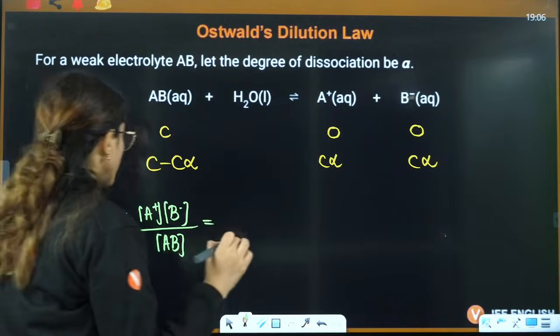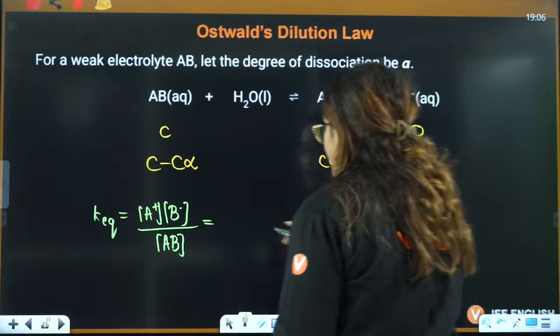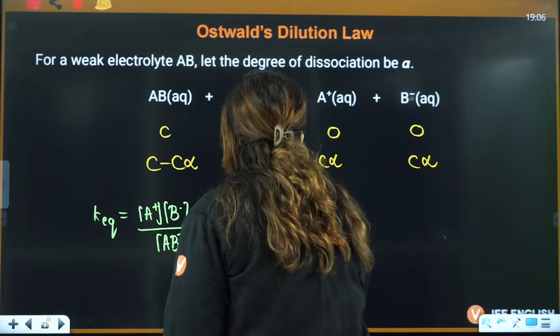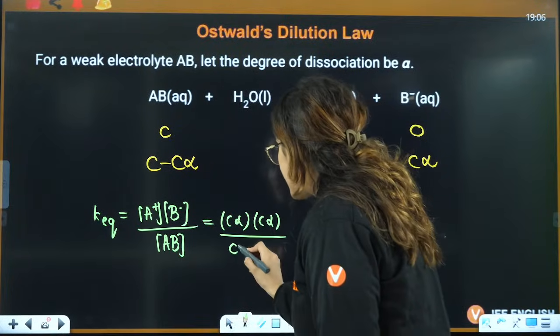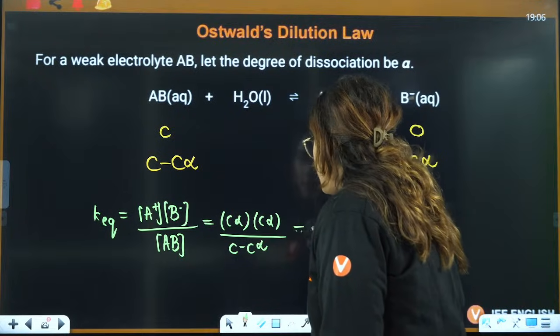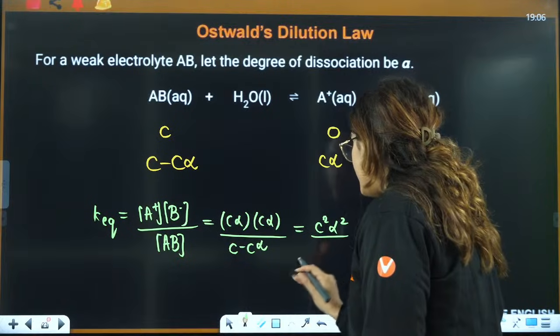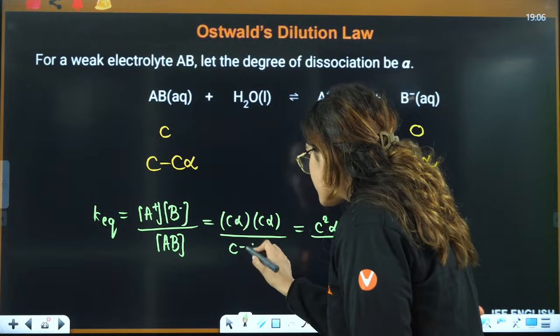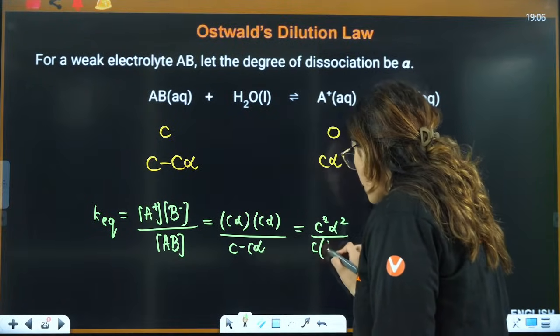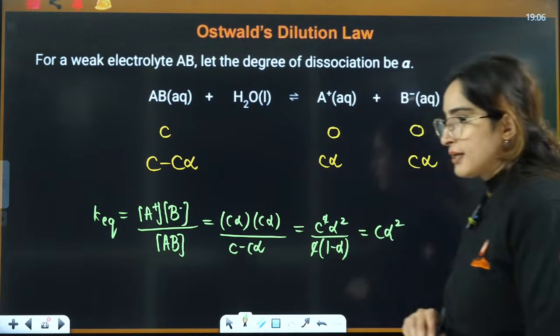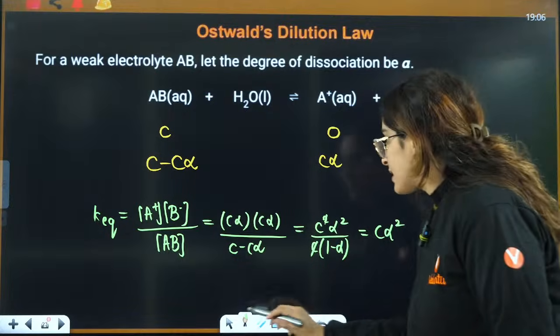That is equal to C alpha times C alpha, divided by C minus C alpha. So this is C square alpha square divided by C times 1 minus alpha. C is common, so it cancels, giving C alpha square over 1 minus alpha. How many times are we repeating the same thing?